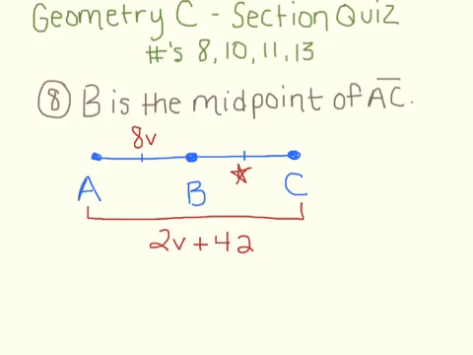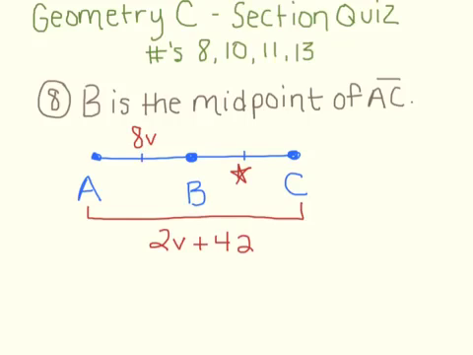Well, we do know something about that already. We know that that's equal to 8V, but that's not going to help us unless we know what V is. So let's think about the relationship that we have here. We have 2 smaller segments from A to B and from B to C, and when I put them together, I know that it has to equal that whole thing. Okay?